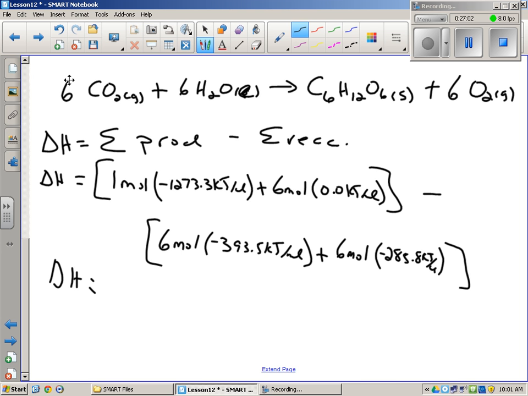Let's see here. 1 times negative 1273.3, subtract 6 times 0, of course, which is 0. 6 times negative 393.5, and 6 times negative 285.8.